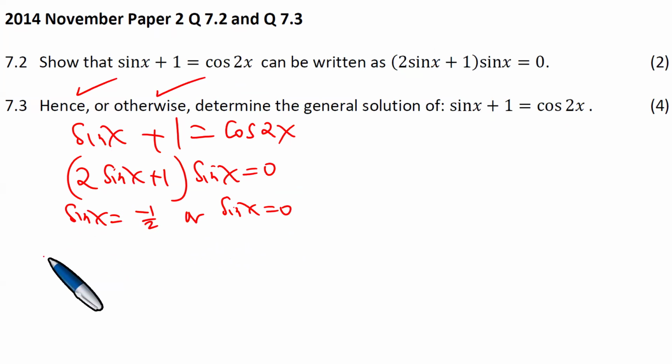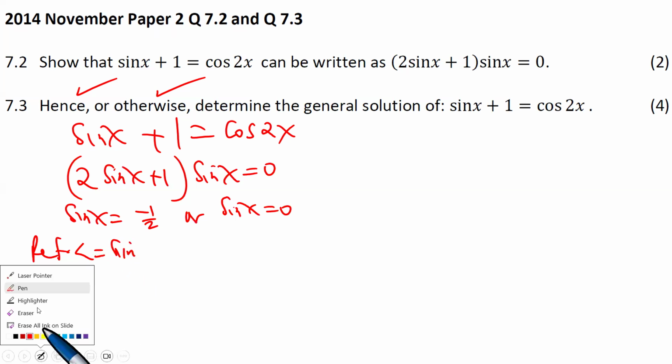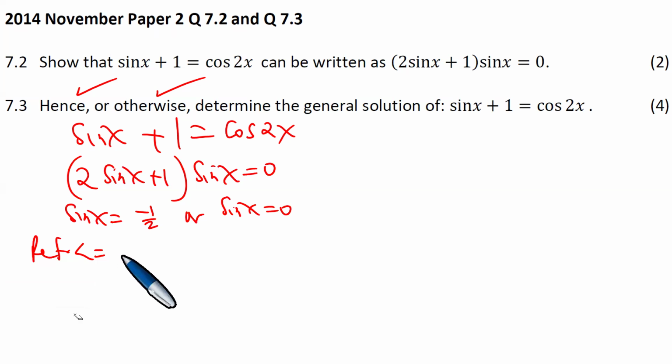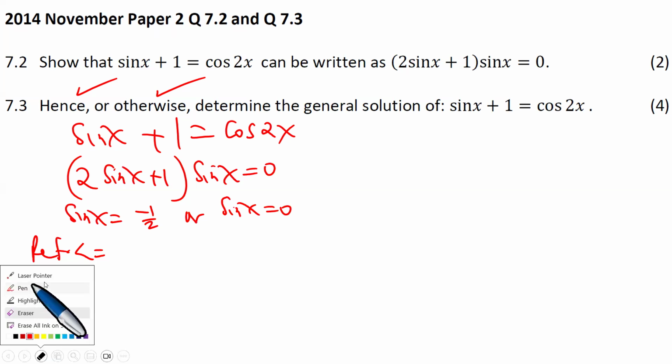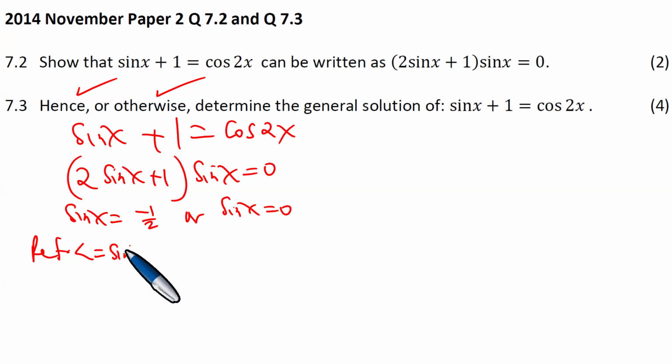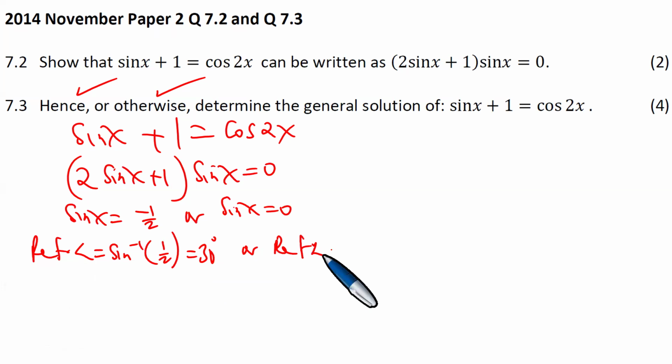Right, as usual, we get our reference angle, which is arcsine. So we have here the arcsine of 1/2, which is what? 30 degrees. And then we have our reference angle for this other part, which is 0 degrees.